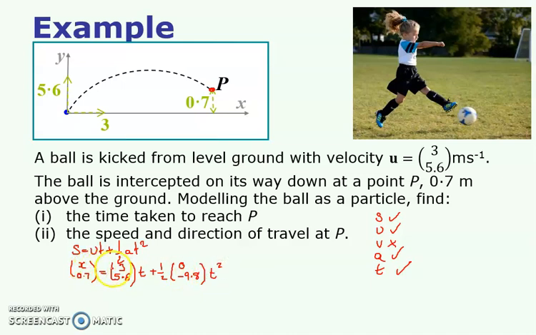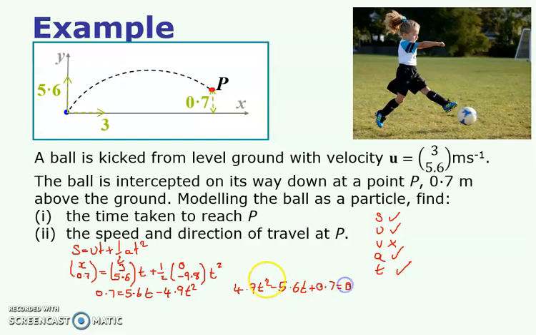This top line will tell me how far it goes. The bottom line will tell me how high up it goes, and I know it goes to 0.7. So just looking at that line, I can write 0.7 equals 5.6t minus 4.9t squared. Moving everything to one side, I get 4.9t squared minus 5.6t plus 0.7 equals 0.